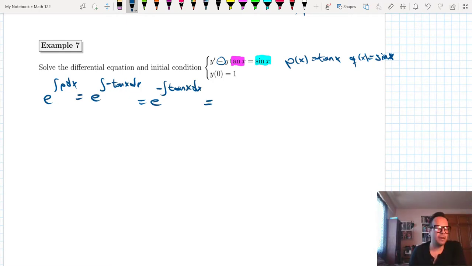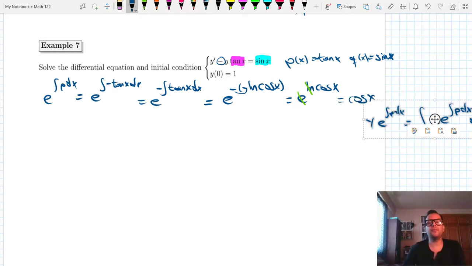From that chapter, we got that integral to be negative ln of cosine of x. We can use the smile rule here to turn that into a positive. This will be e to the positive ln of cosine. And at this point, we may divide out the e with ln to get just cosine x.